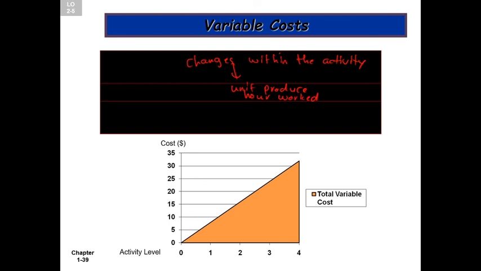Variable cost per unit is normally fixed because we already know how much per unit, so we can trace the cost, but in total it will change. Why does it behave like that?